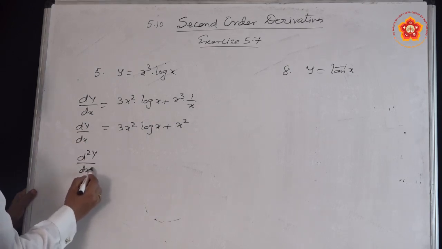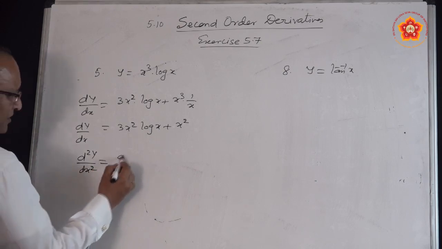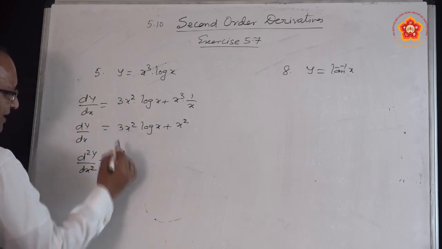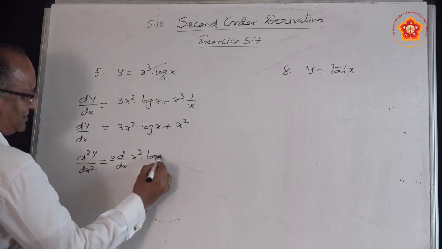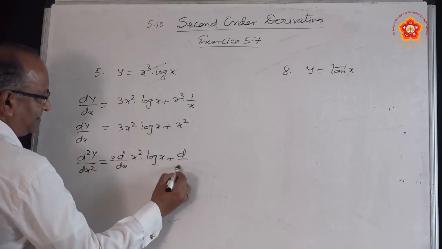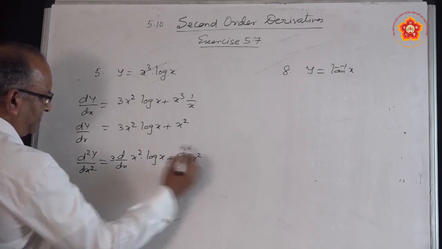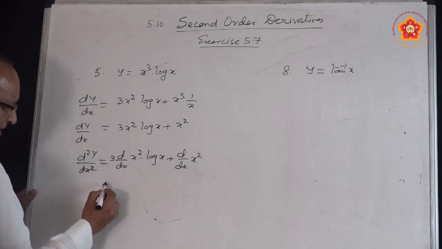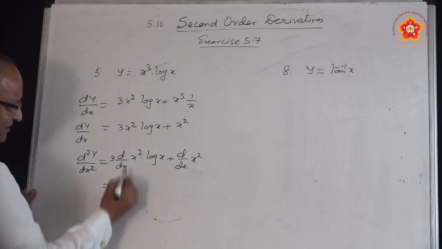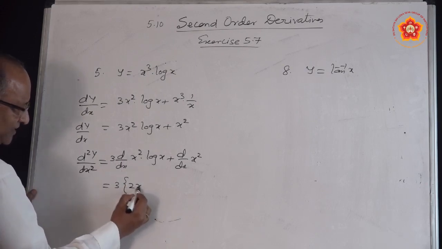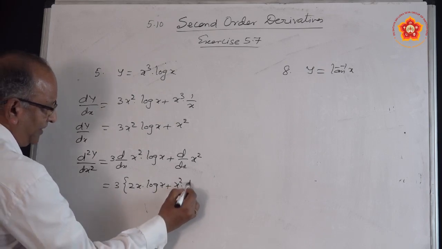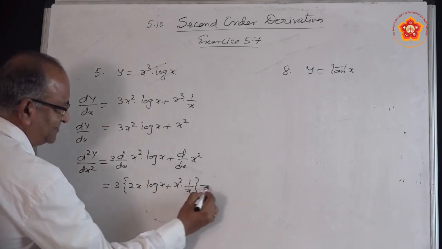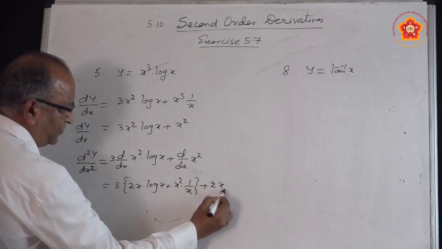You will get d2y by dx square equal to d/dx of, this 3 can be put outside the derivative sign, x square into log x, plus d/dx of x square. Again apply the product formula here. As a result, derivative of x square is 2x into log x plus x square into 1 by x, plus derivative of x square is 2x.